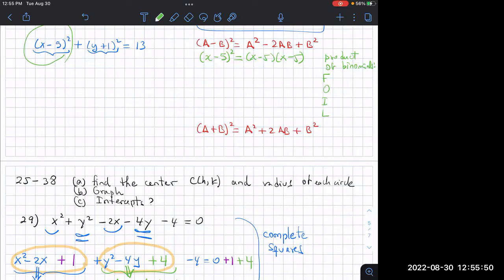In the FOIL method, what does F stand for? First. The product of the two firsts, which would be x times x. So x times x versus x plus x.